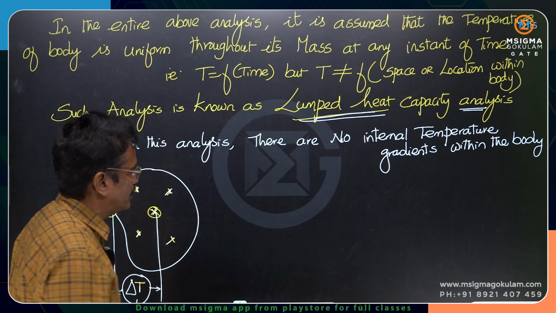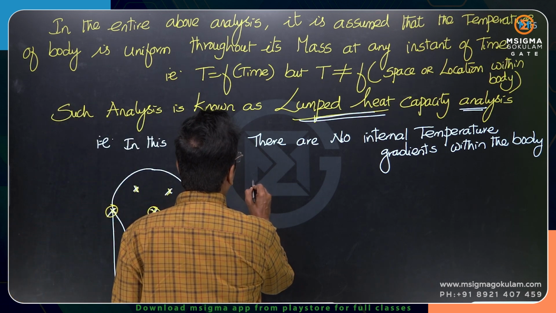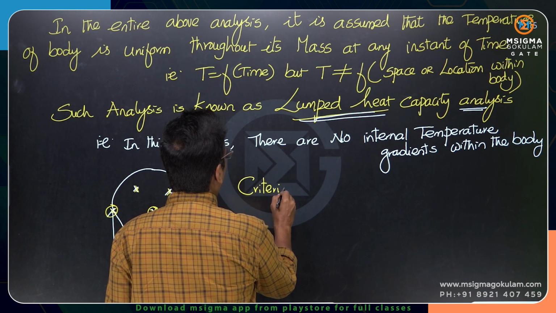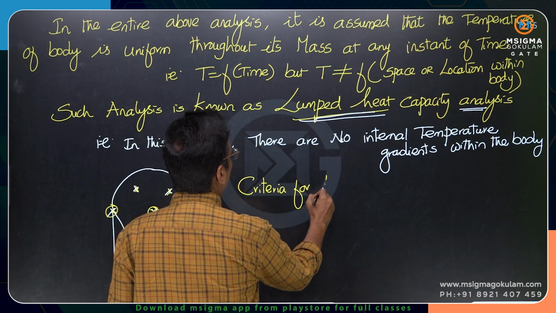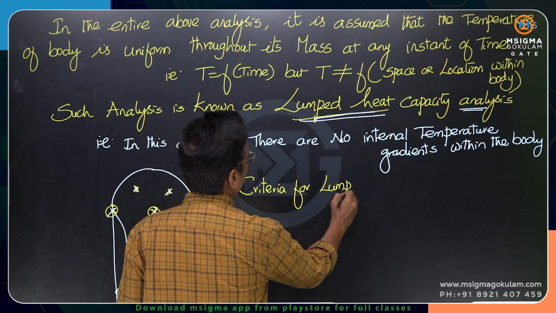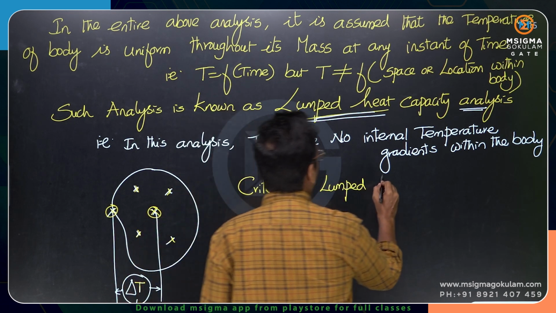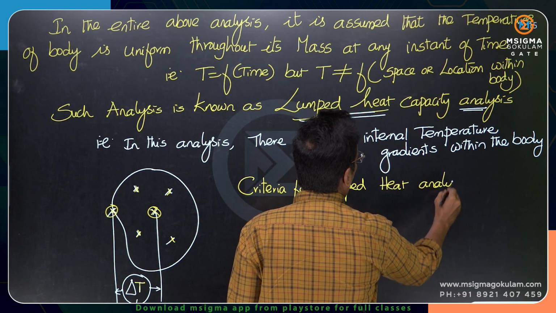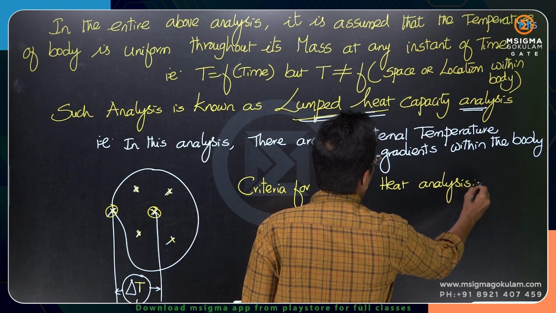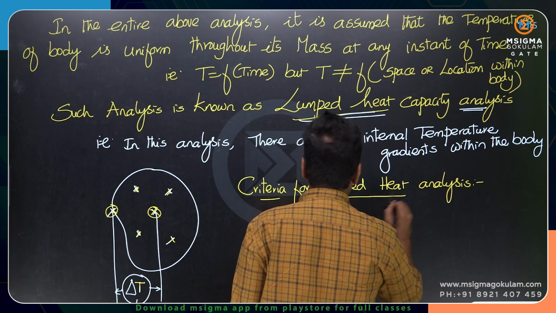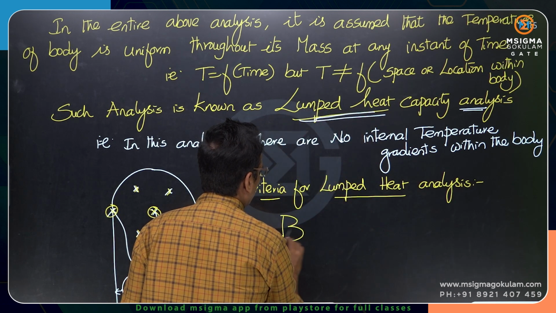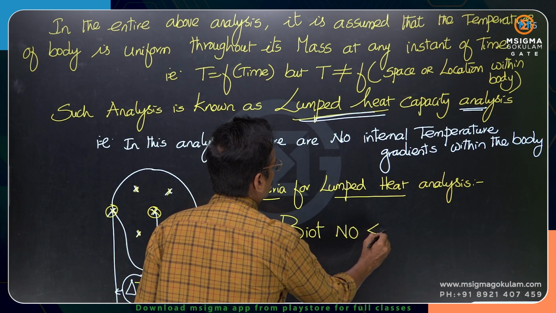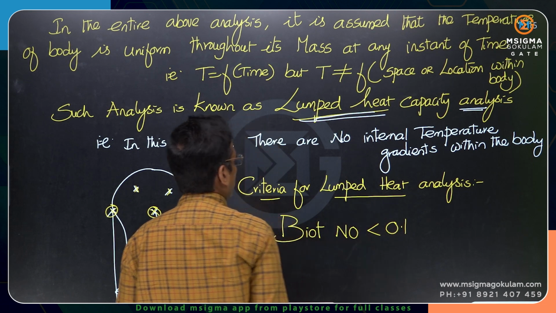Very, very important term here. There is one important criterion for when you can apply lumped heat analysis, in terms of a dimensionless number: the Biot number should be less than 0.1.